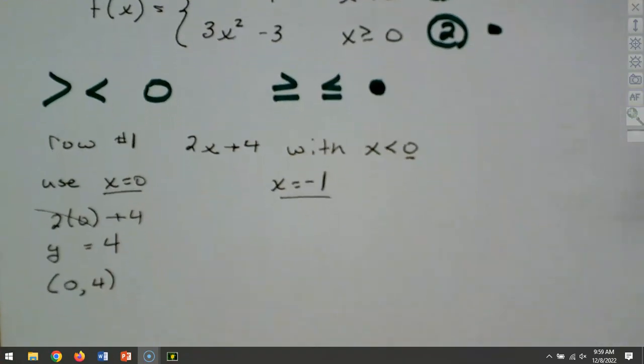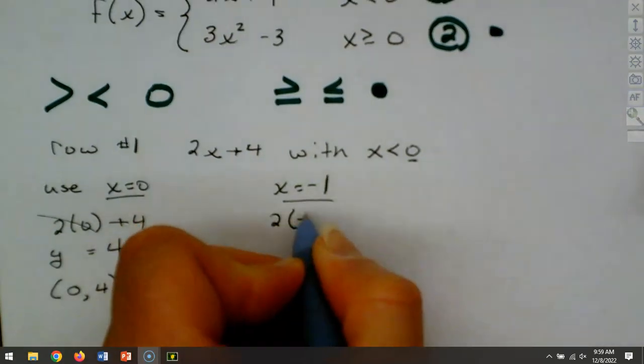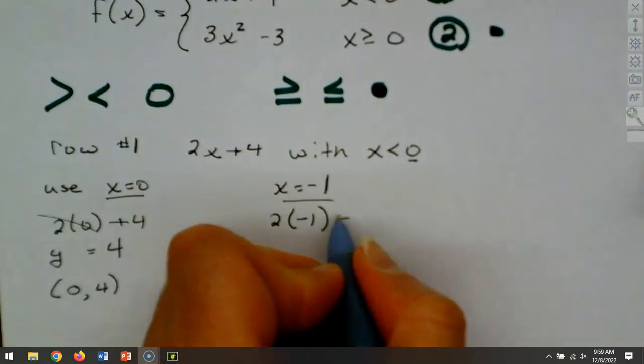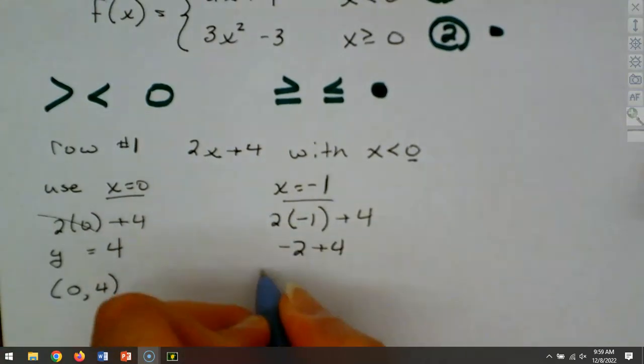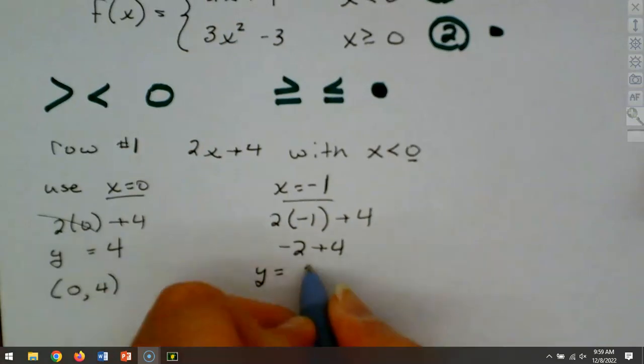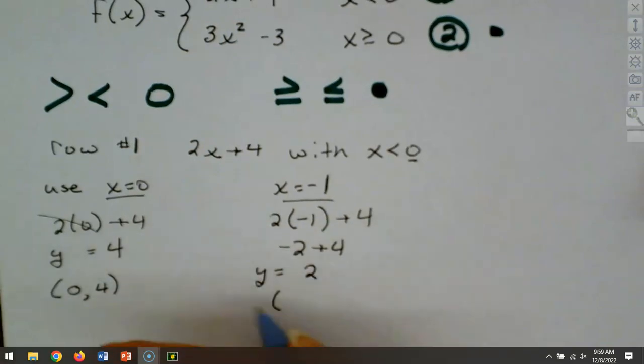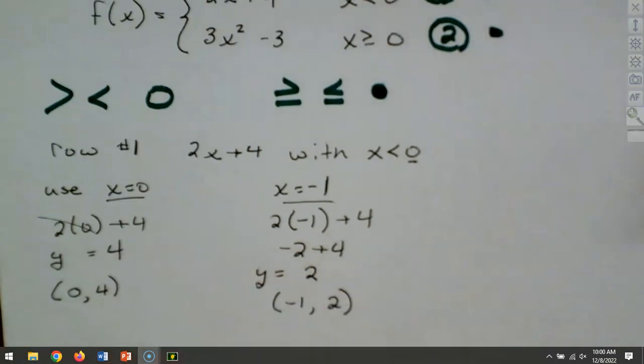Now we needed another point because you need 2 points to connect these together. We're going to plug in a -1. If I plug in the -1, what does that give you? That gives you 2 times a -1 plus 4. And so that's minus 2 plus 4. So that gives you y equals now 2. So as an ordered pair, it would be -1, comma 2.